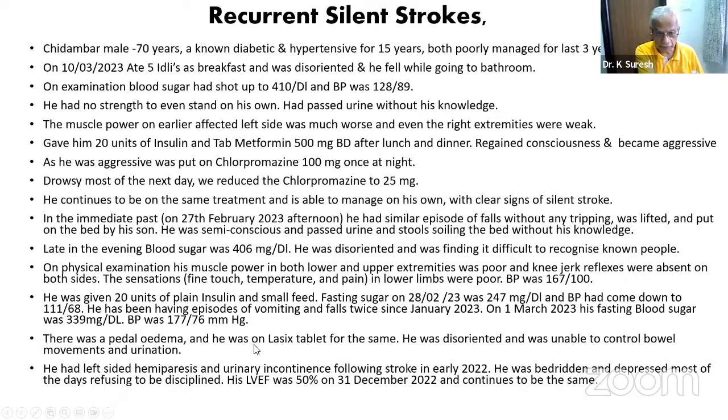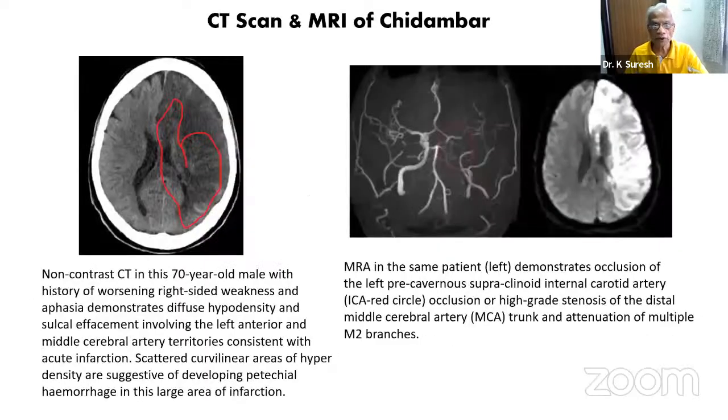At that time it was very clear, and he had developed hemiparesis and urinary incontinence. So recurrent strokes, once you have had one, unless blood sugar, hypertension and cholesterol are managed well, recurrent silent strokes are common. Now this is his CT scan.